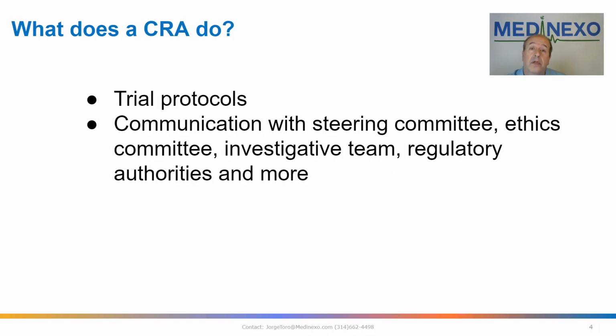Of course, there's communications with patients as well, but communications is a key center of the job of a CRA. The CRA also typically works as a trial site administrator. That means that they coordinate the execution of trials, and because they are familiar with the protocols, they also help enforce the protocol to its full execution.